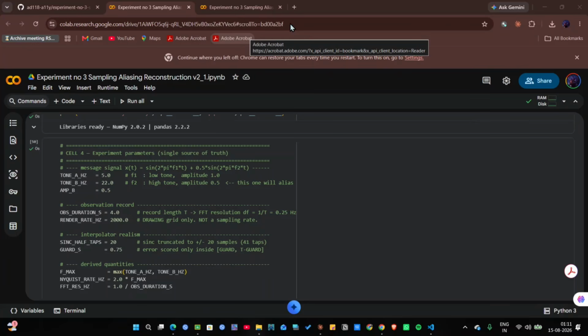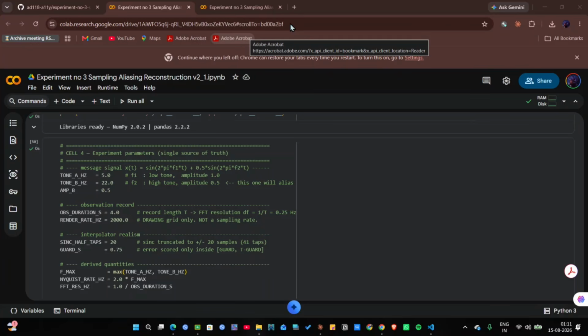In figure 3, the 22 Hz tone has aliased down to 8 Hz, perfectly matching our theoretical prediction in cell 11, where the theoretical alias frequency is worked out explicitly.